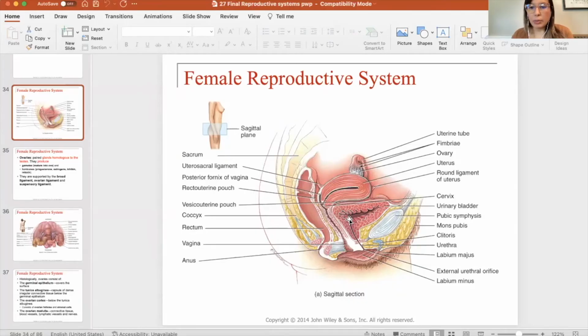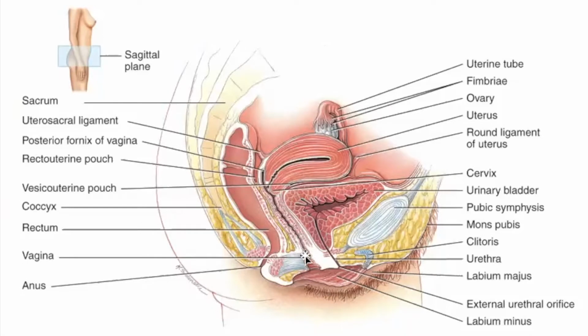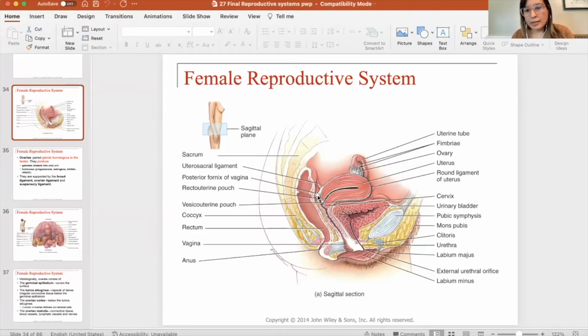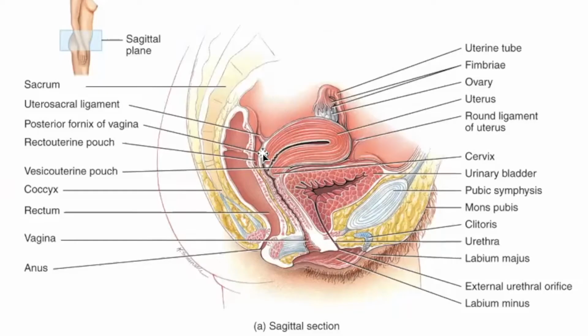Posterior to the urinary bladder, you will find the vagina, or vaginal canal. Adjacent to the vagina, there's going to be the uterus. In this area where they intersect, you will have the posterior fornix and the anterior fornix of the vagina. And this is what we call the cervix.